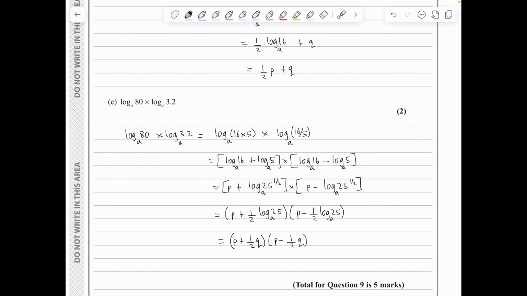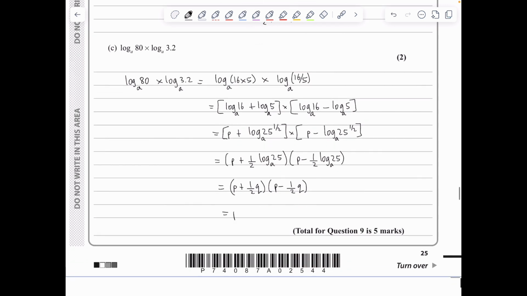It's the difference of two squares, simplifying to P squared minus Q squared over 4.